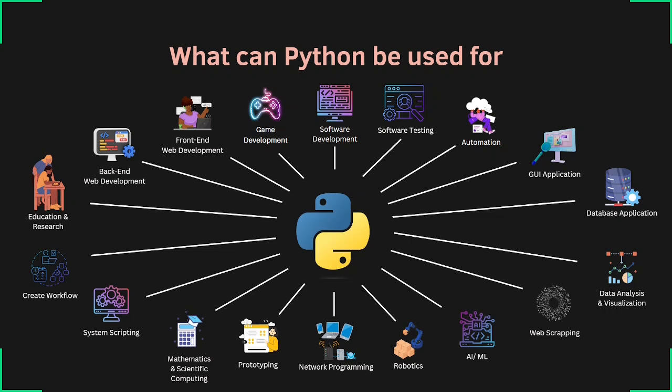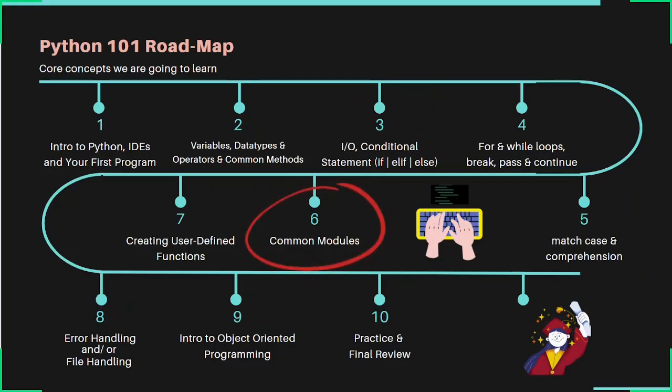We have only so far covered basic core concepts. And if we go back to the last slide, the only major thing I still have to cover is creating user-defined functions and introduction to object-oriented programming. Object-oriented programming by itself is like an intermediate level course.